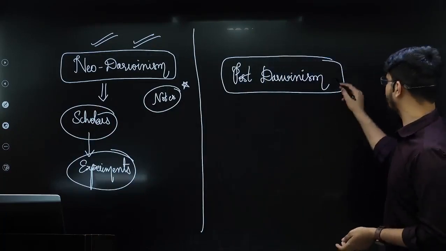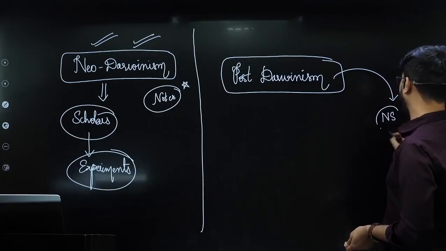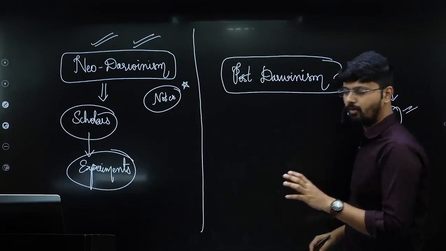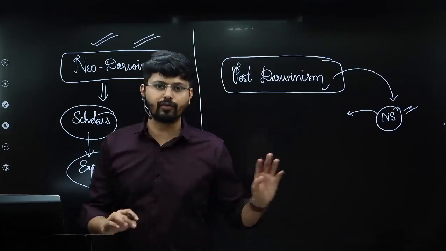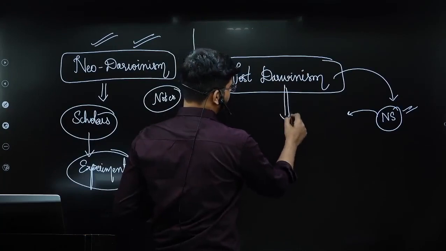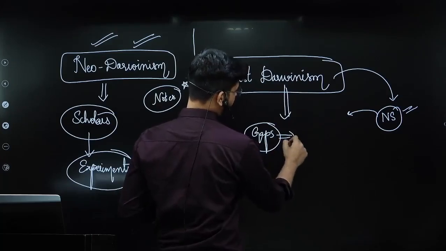Post-Darwinism deviates from Darwinism and identifies its criticisms, and it tries to fulfill the gaps left by Darwin's theory of natural selection.